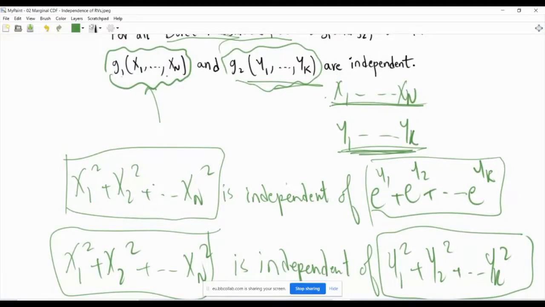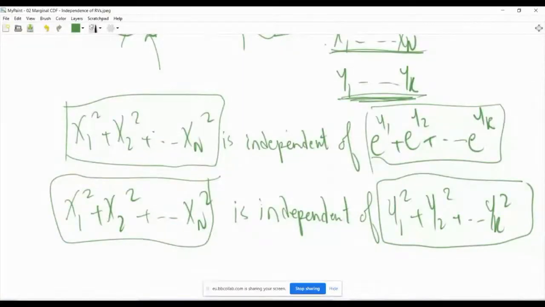I wrote G1 and G2 not necessarily to mean that you should apply different functions. You can apply the exact same function, so long as the x's are independent of the y's. Then a function applied to the x's will be independent of a function applied to the y's, even if the function is the same, like in the second example where you sum the squares.